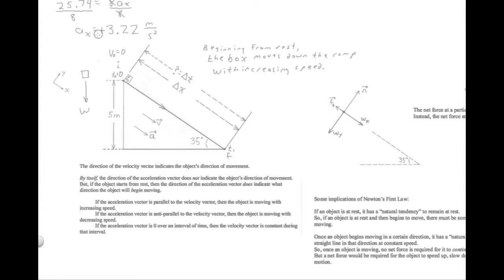Remember, as we discussed in previous videos, the net force at a particular point in time determines the acceleration at that point in time. So if net force x points down the ramp, that explains why A sub x is pointing down the ramp. And that confirms that it makes sense that A sub x came out to be positive.